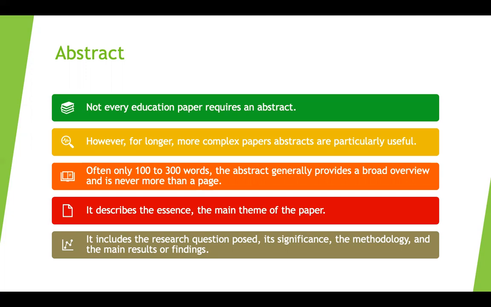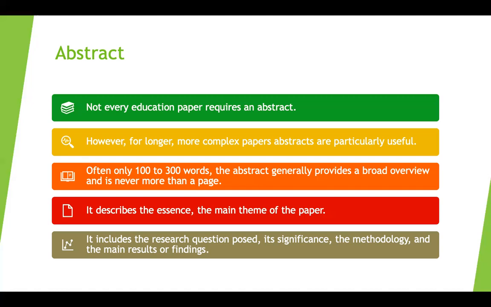Generally people think that it should be a paragraph. It describes the essence, the main theme of the paper. It includes the research question posed, its significance, the methodology, and the main results or findings. So it covers the whole research paper in a nutshell.